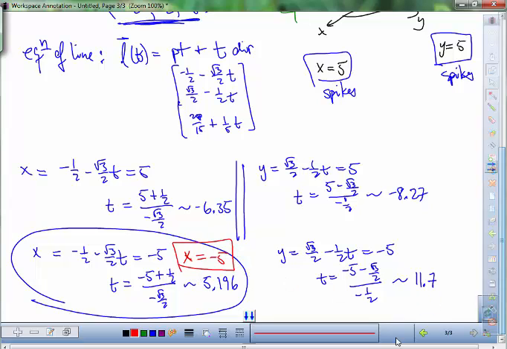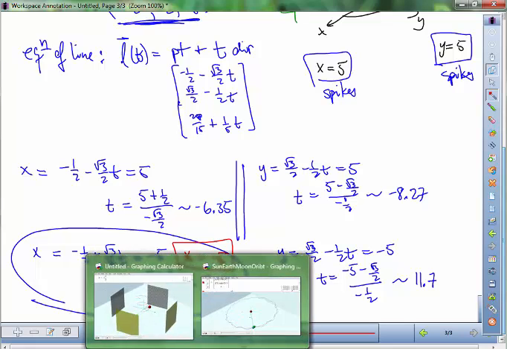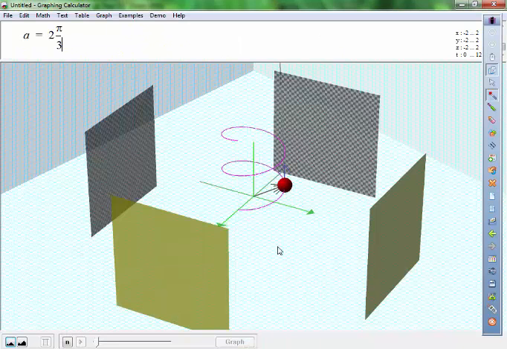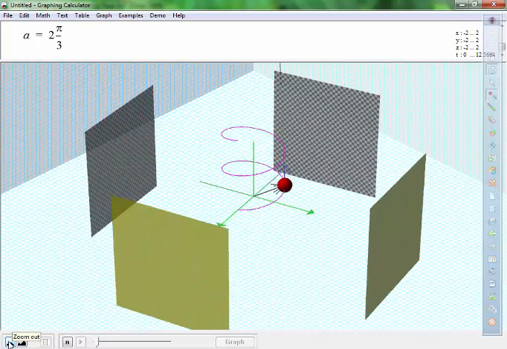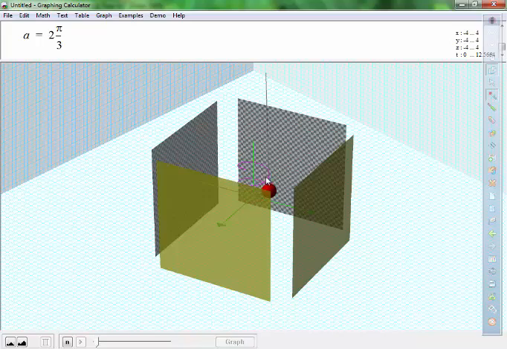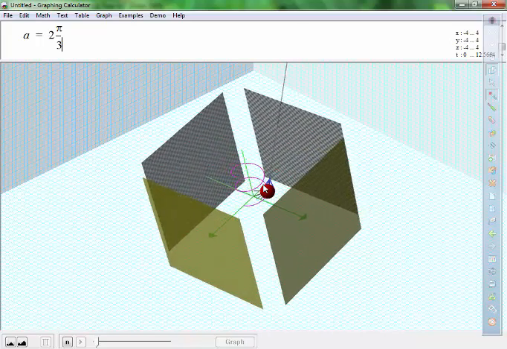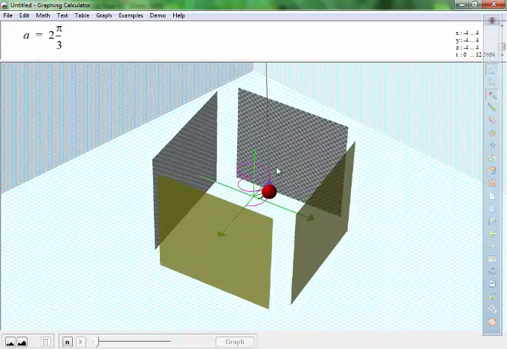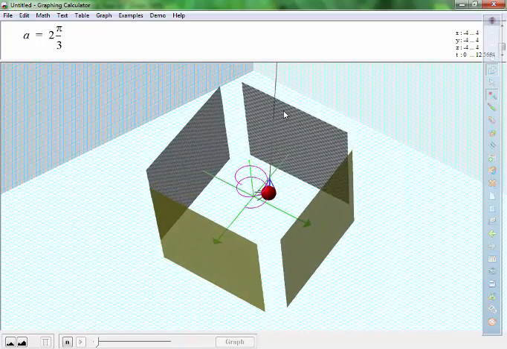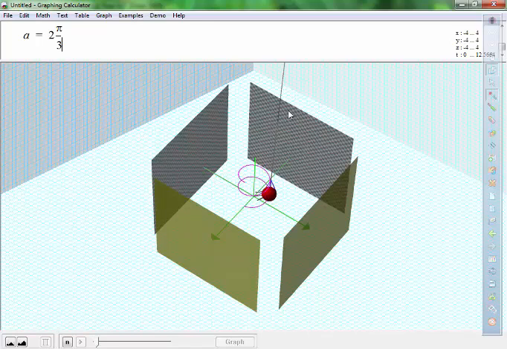Okay? So let's take a look at the graph. Let's zoom out a little bit so we can see. We see that this vector, the yellow planes are the spiky planes, and the black and white planes are the planes that you hit.